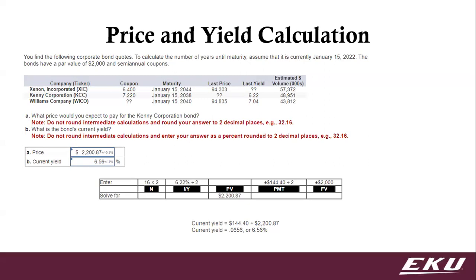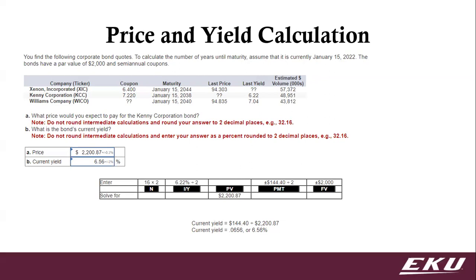The interest rate, the last yield, if you see that column, it's the next to the last one, that's yield to maturity. But remember that's annual, so we'll have to divide it by 2 for semi-annual. And then the number of periods, it's 16 years, which is 32 half years. But then when we do that, we can compute the price.